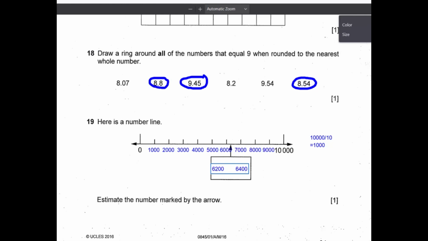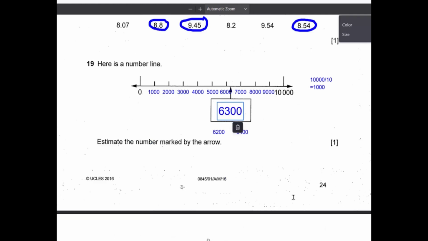But you need to write one number. So this is 6,400. You could write 6,300 if you would like to. It's also a good answer. You just need to write one answer at the end of the day.